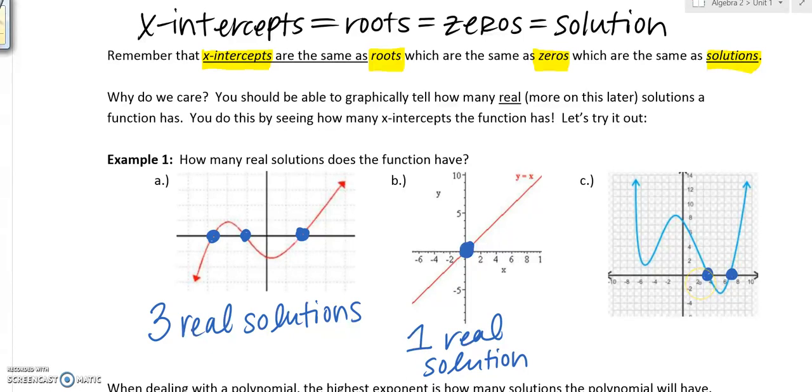It goes up and down a lot, but it only crosses the x-axis in these 2 spots. So I'm going to write that I have 2 real solutions. You could say you have 2 real x-intercepts, or 2 real roots. Those are all the same thing.